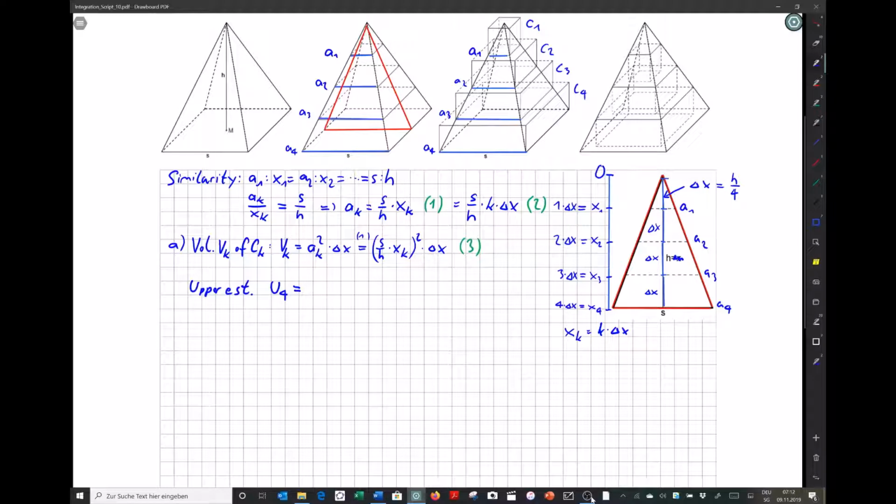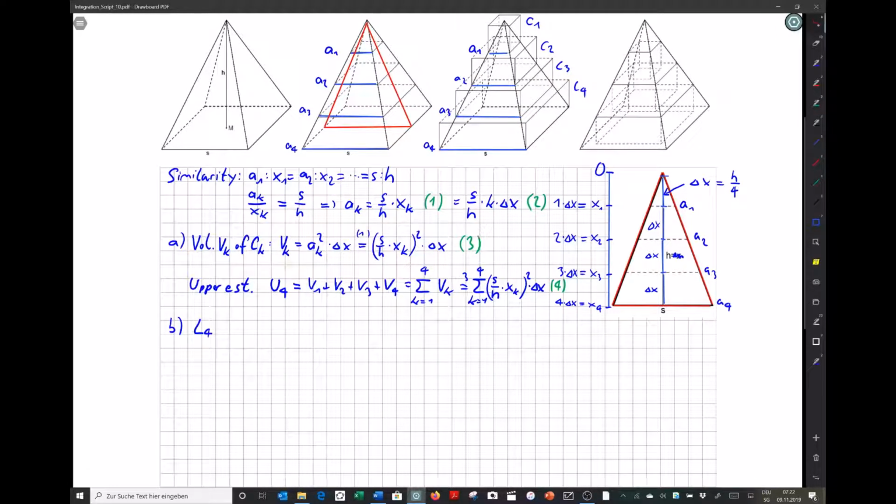The upper estimate U4 is the sum of the volumes of the 4 cuboids, so V1 plus V2 plus V3 plus V4, which means we can write it in sigma notation as sum of k equals 1 to 4 of Vk. And inserting 3, we get sum of k going from 1 to 4 of S divided by H times xk squared times delta x. And let us name this 4.